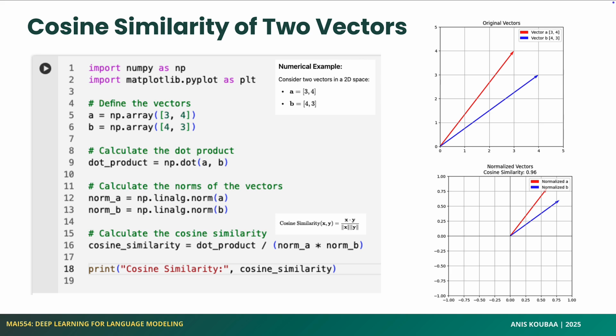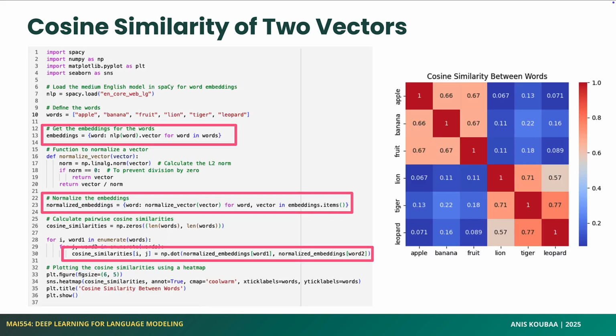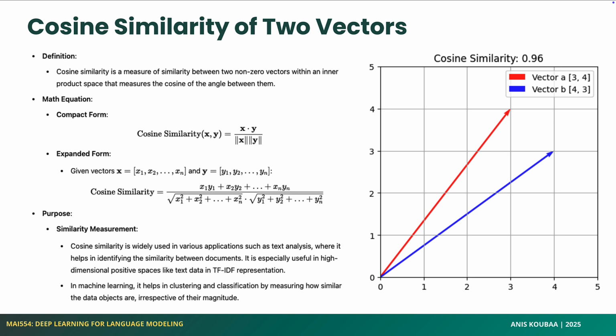So why is it better to use cosine similarity rather than the dot product? Here, it's the dot product of the normalized vectors. So this is the normalized vector of x, and this one is the normalized vector of y. So the cosine similarity is the dot product of normalized vectors.